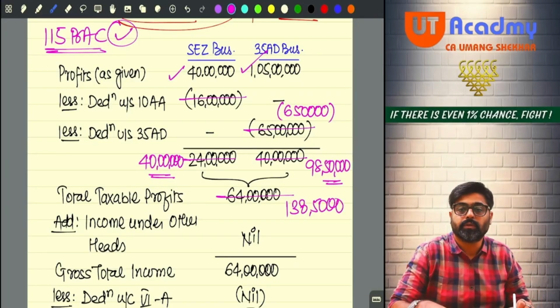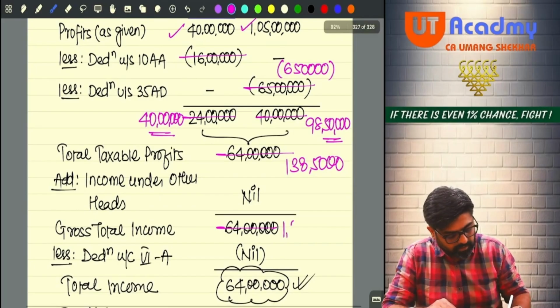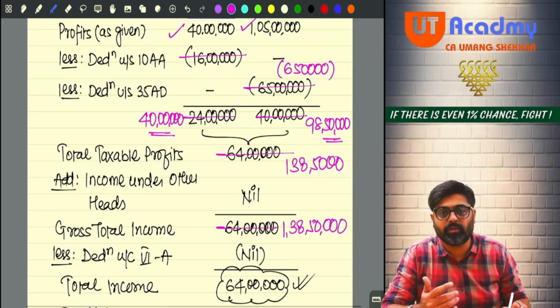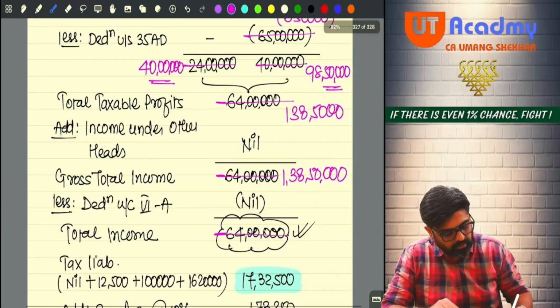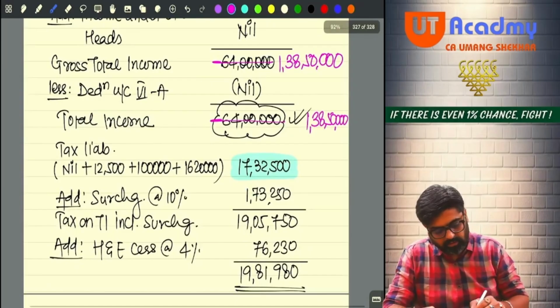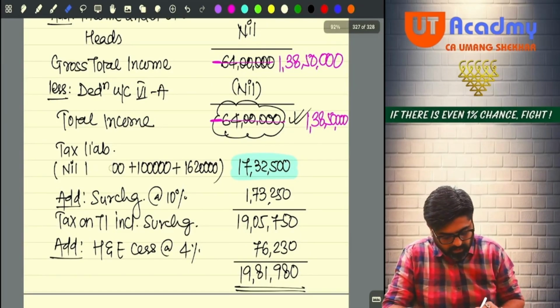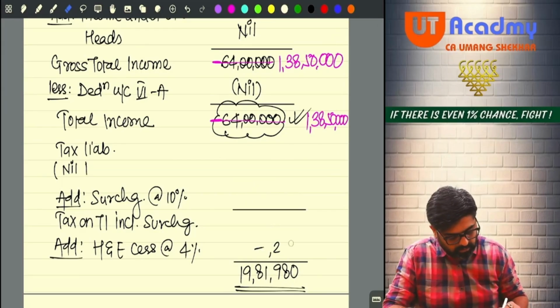Sure sir? Other incomes nil. So your gross total income will be 1 crore 38,50,000, and anyways under 115BSC you don't get any chapter 6A deductions. Yes or no? Now the tax you are supposed to calculate properly: tax, then surcharge also, then tax including surcharge plus cess.